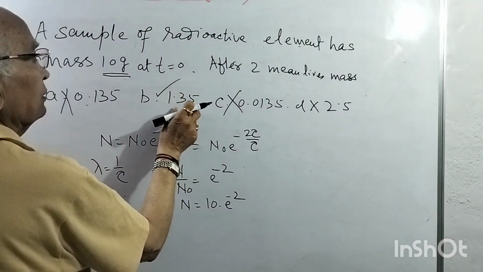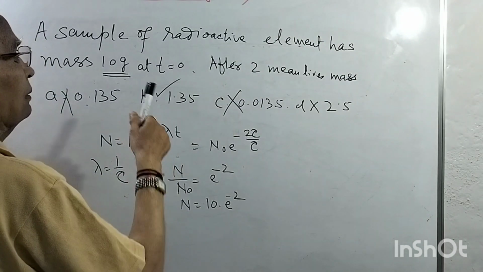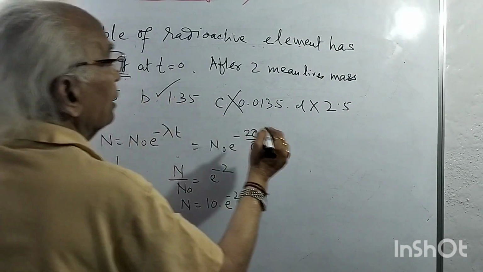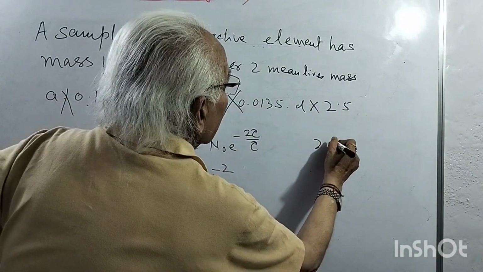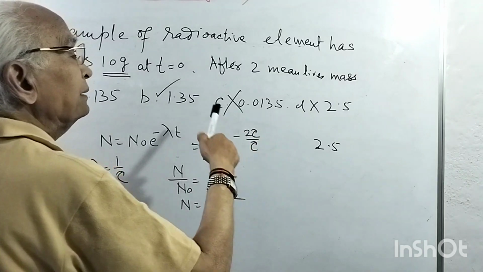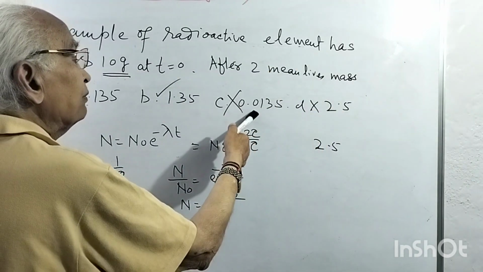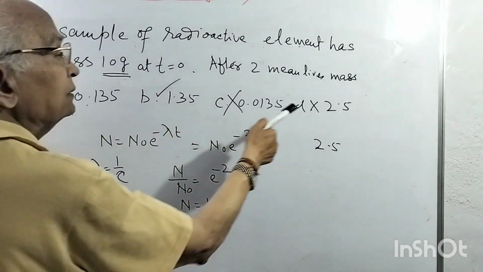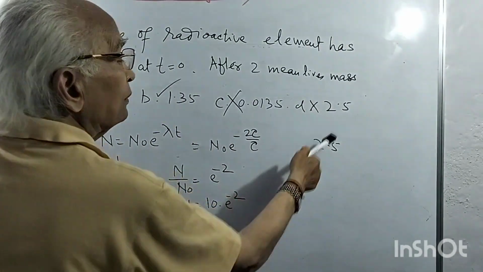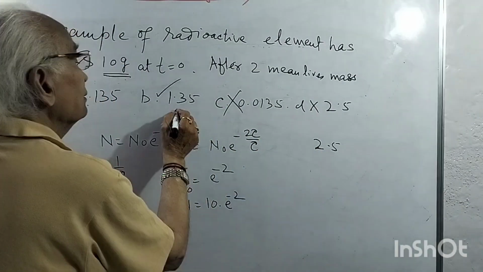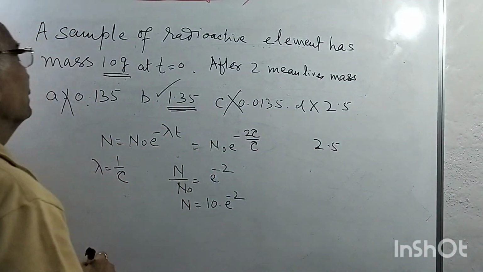It looks like this may be correct because after 2 half-life it becomes 2.5, but they are saying after 2 mean life. So this is large, because 2.5 is after 2 half-life, but after 2 mean life it decreases further, so this will be the correct answer.